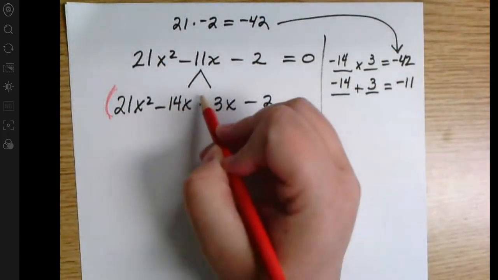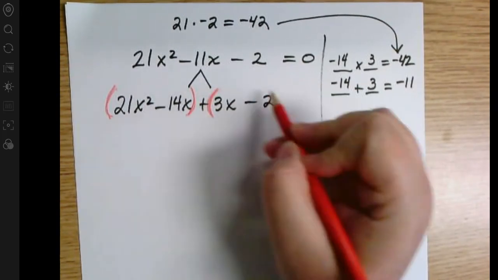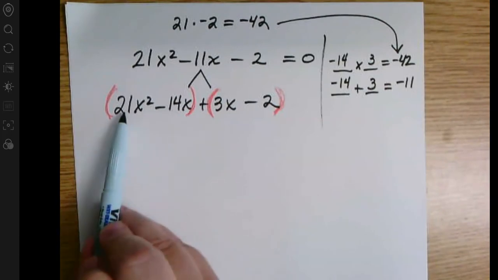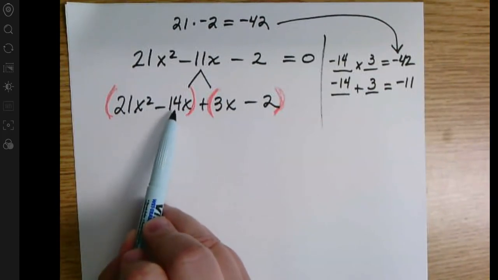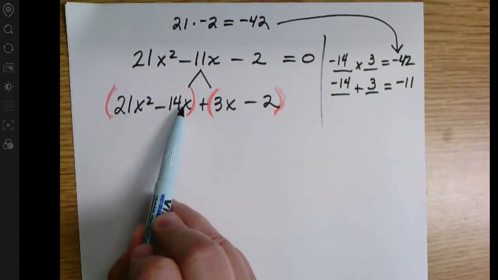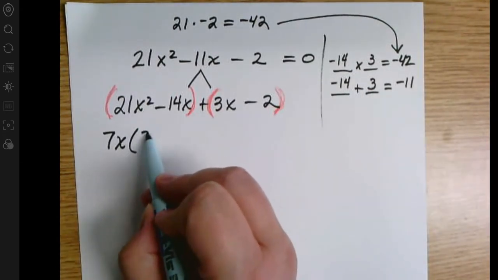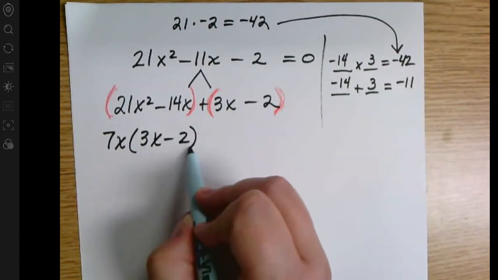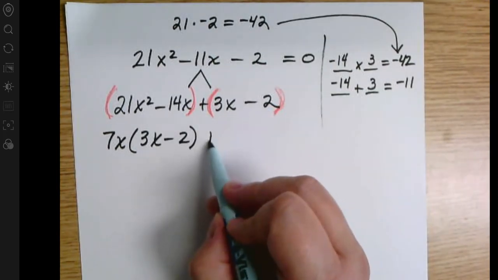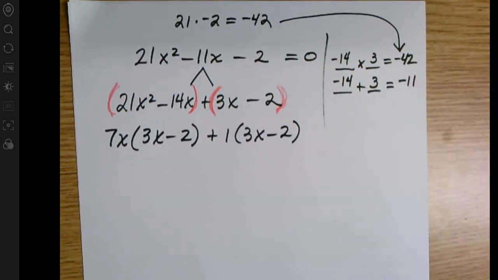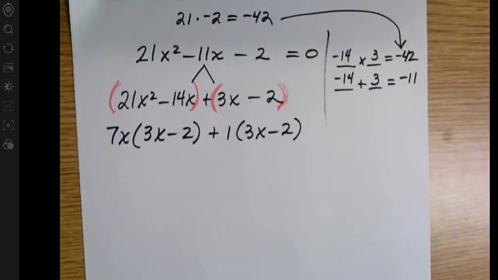So I'm going to group it in pairs, and I have a plus in the middle, which is what I want. And then I'm ready to take the greatest common factor out of these 2. Well, there's an x both places, and 7 goes into both of those. So I'm going to take a 7x out, which leaves me with 3x minus 2. And this one, again, is already set up that way, so I can just say plus 1 times 3x minus 2.